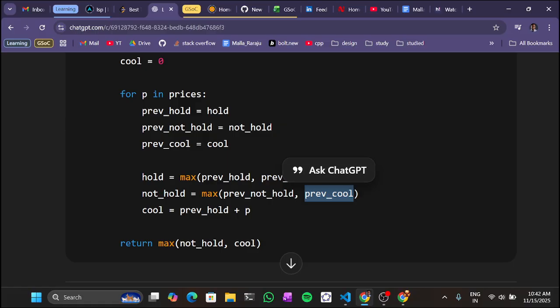You are not previously holding anything, or you are previously holding and you sold it previously, so the cooldown period was activated.